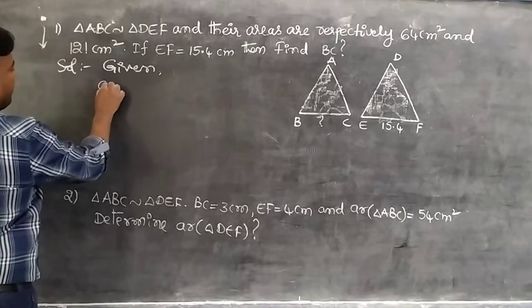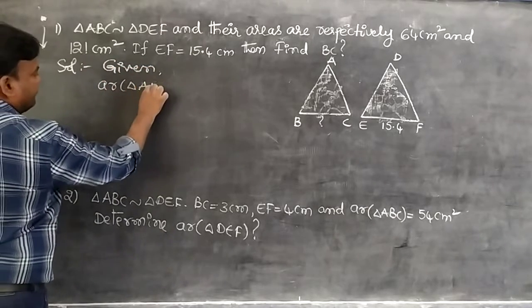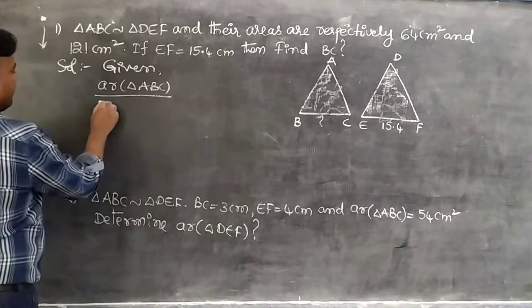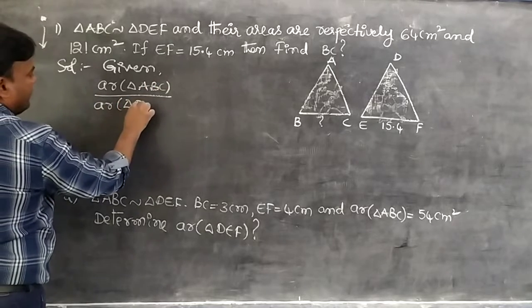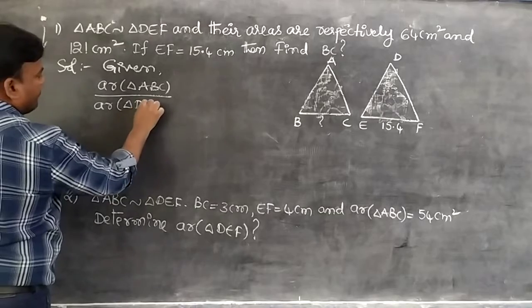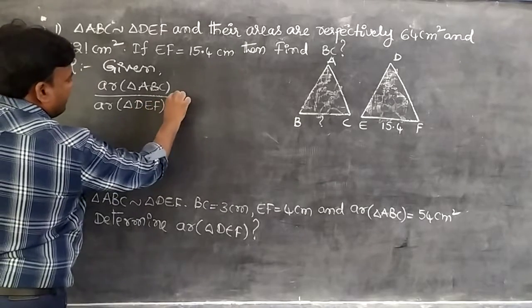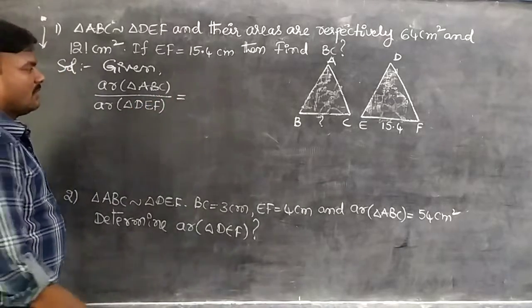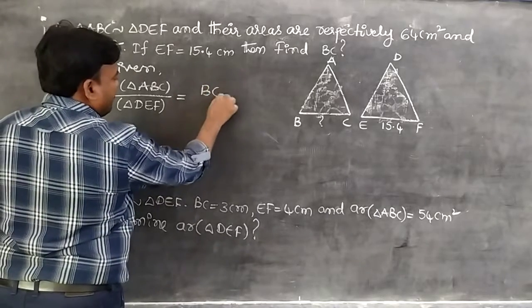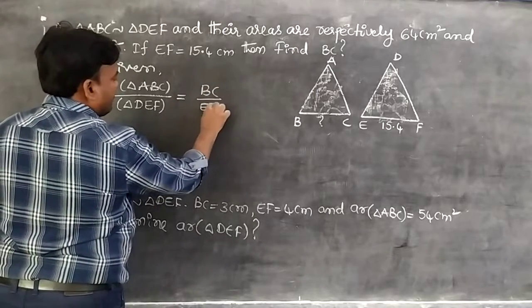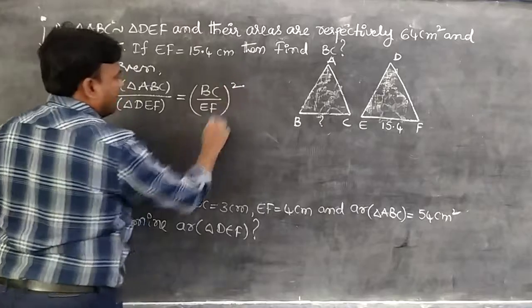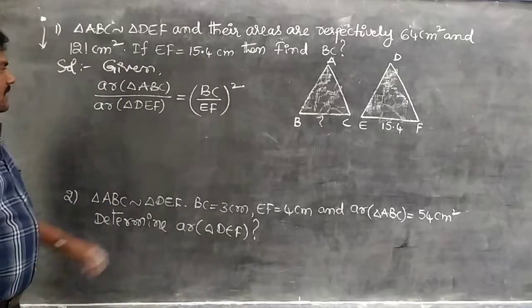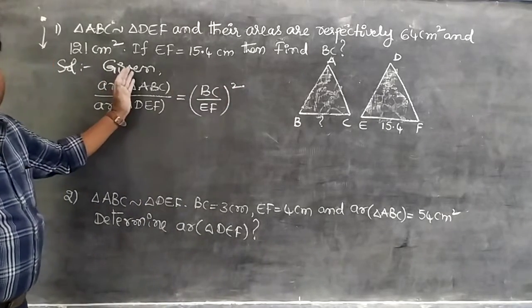Solution: Area of triangle ABC by area of triangle DEF, we know very well, equals BC by EF whole square. This square transferred to the left side becomes square root.